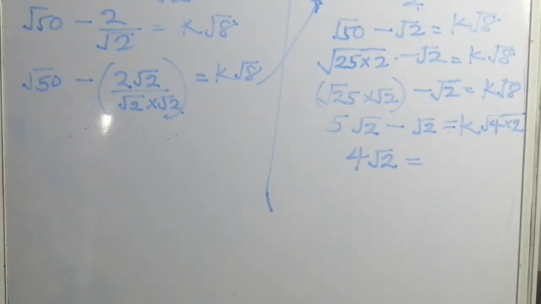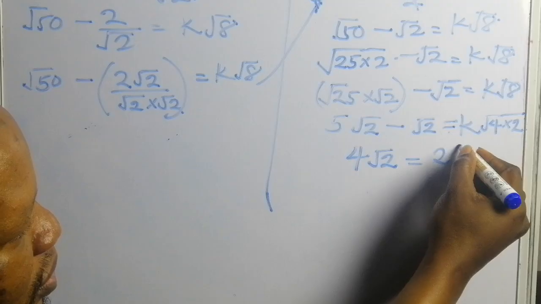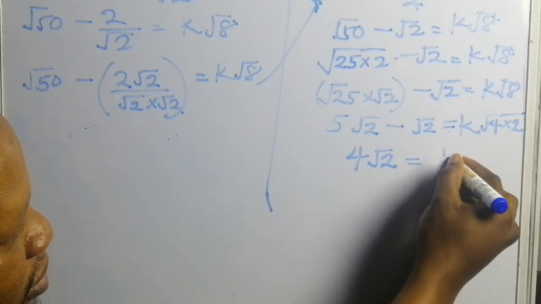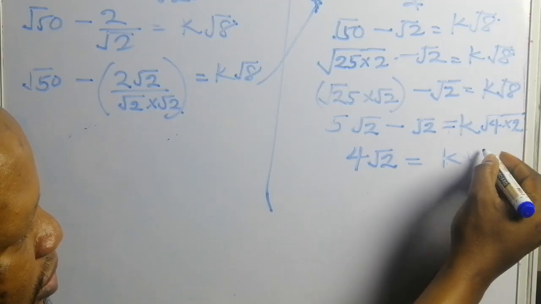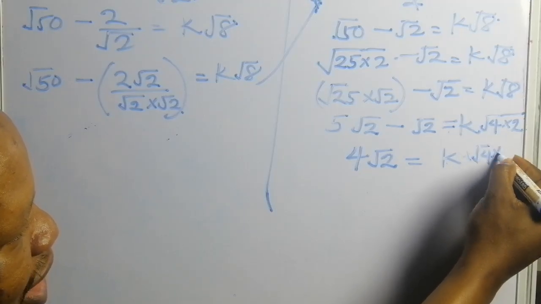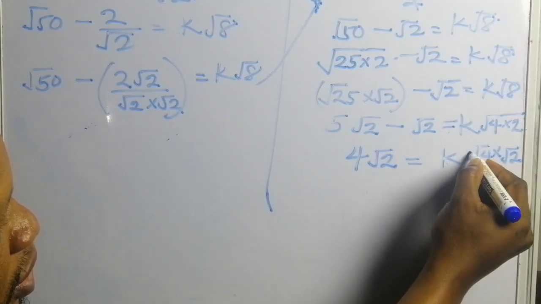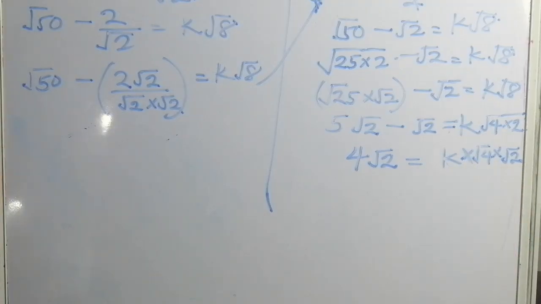So it means that at the end of the day, I have my k times root 4 times root 2. So root 4 is 2.